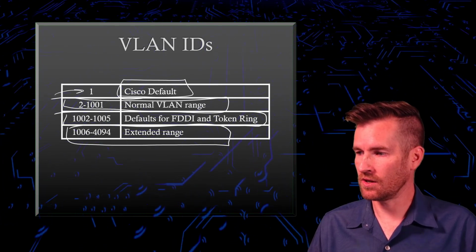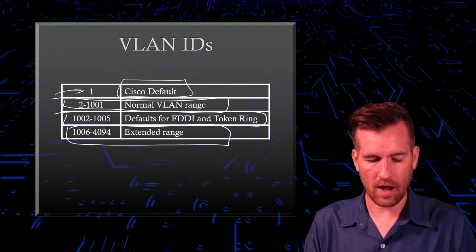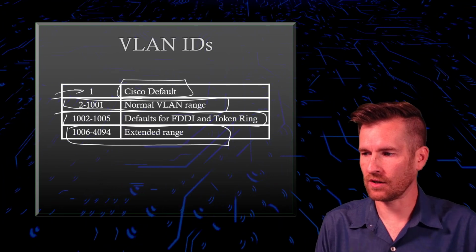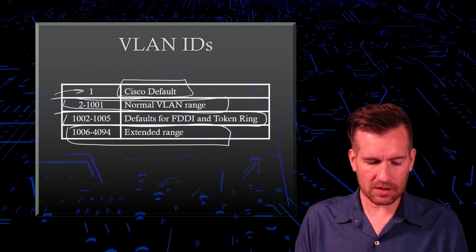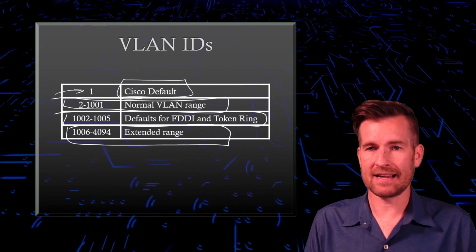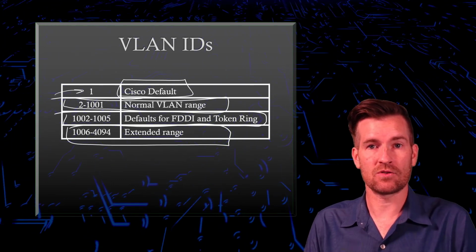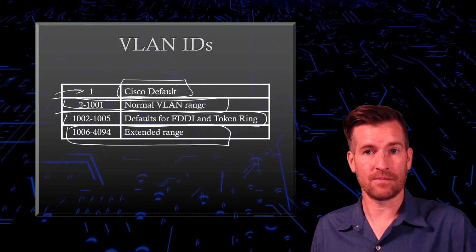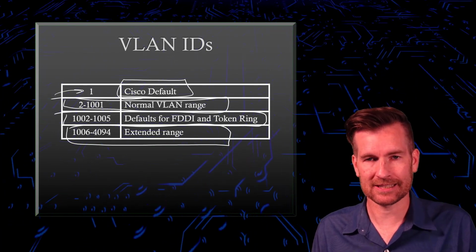So there are some limitations to what features this extended range does support. So they're a little different. You have to enable this range in order to use it, but just realize that this extended range exists if you have lots of different VLANs that you can utilize if you've got a really large network.